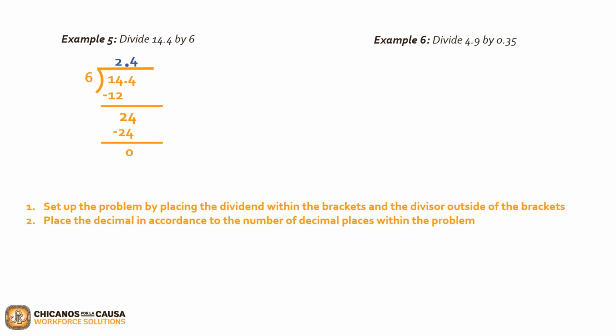In this case, we have divide 4.9 by 0.35. So we're going to follow the same steps. Let's go ahead and put it in the division bracket. We have 0.35 dividing into 4.9.